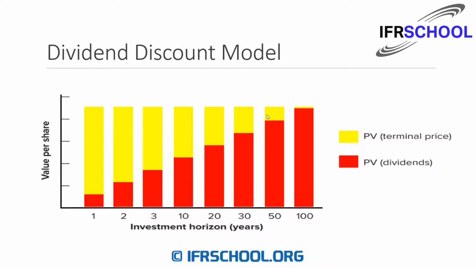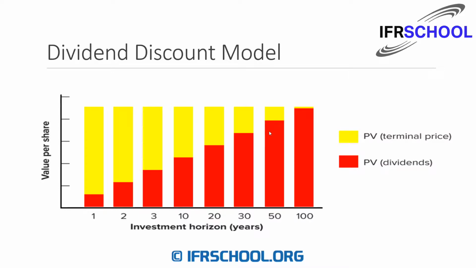Let's consider an investor with a 50-year investment horizon. We can see the value of the share remains the same, but the portion of the value that the investor expects to receive in the form of dividends, or the present value of the dividend payments, accounts for a much higher proportion of the share's overall value.